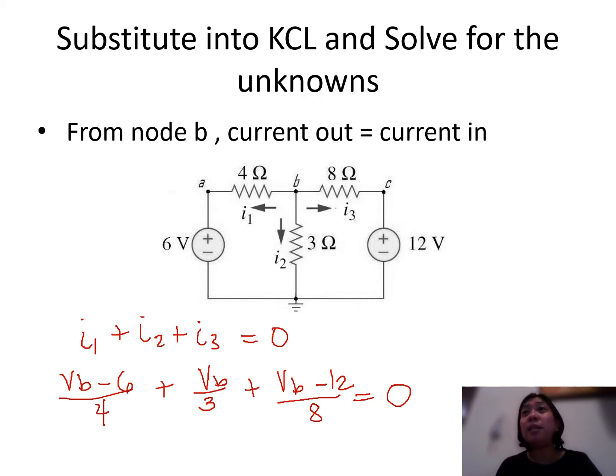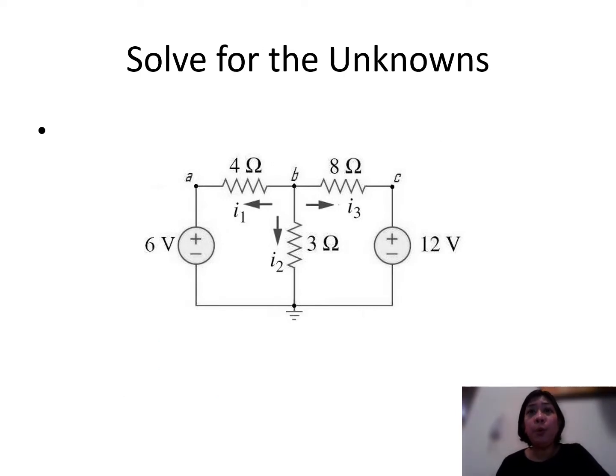And then the last, we're going to solve for the unknowns. What are the unknowns here? Actually, we only have one unknown, which is your VB. Okay, so rewriting now our equation a while ago.